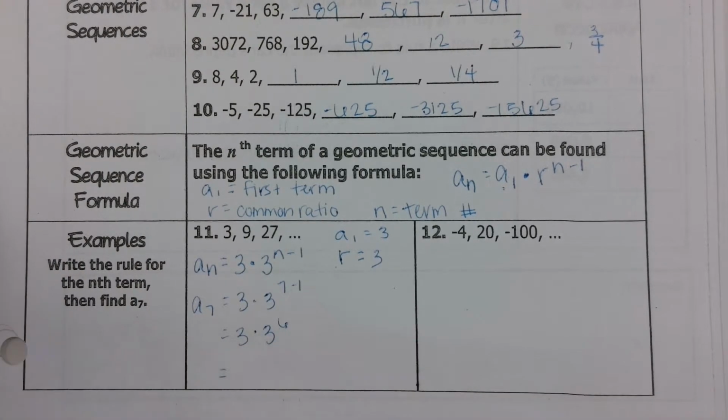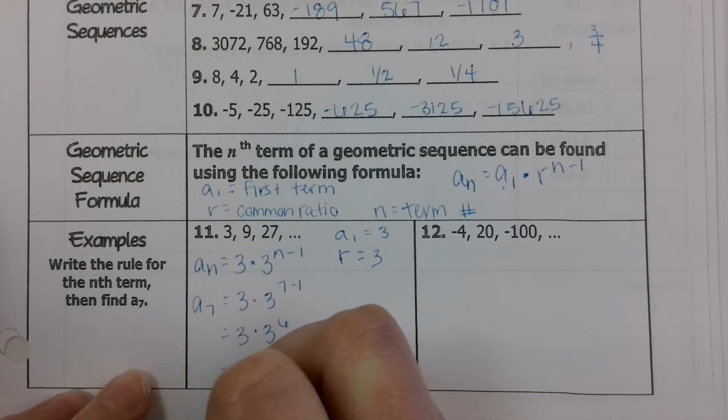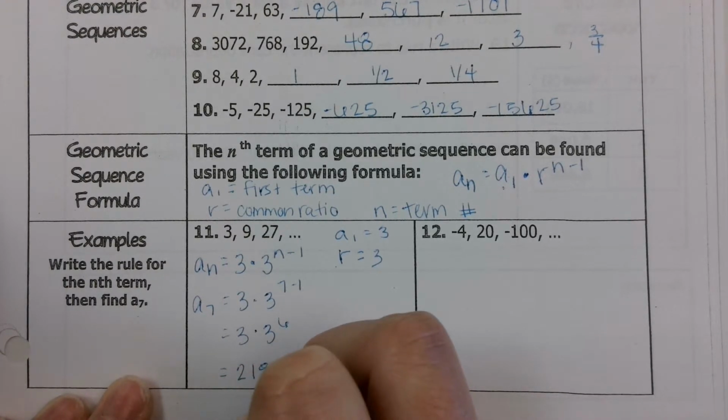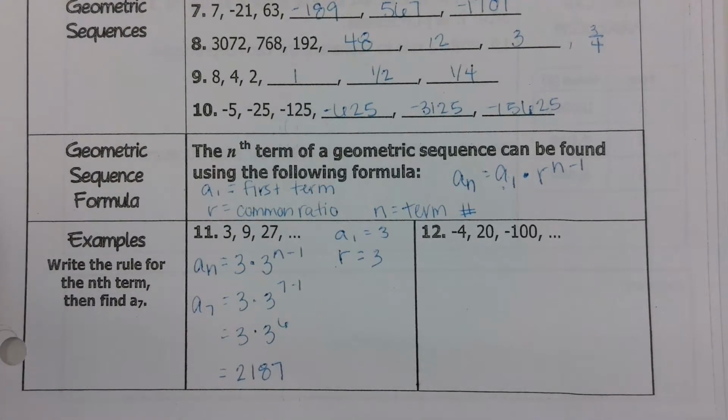And you can type that in your calculator. You can type it in at this point if you want, or you can simplify it first. Either way is fine. Questions? So we're okay?